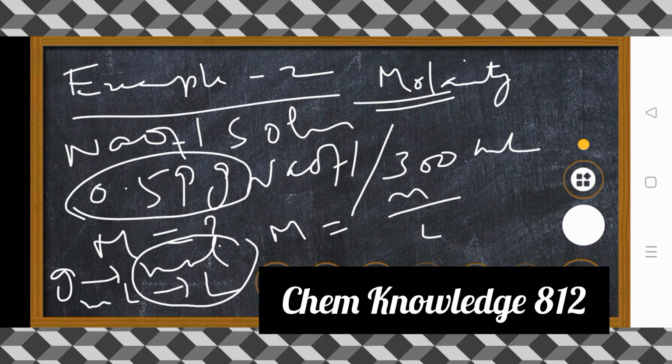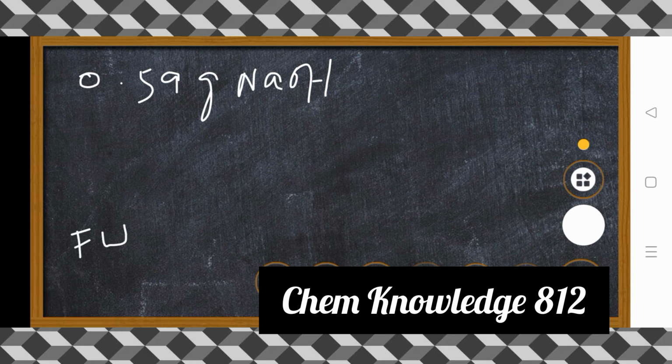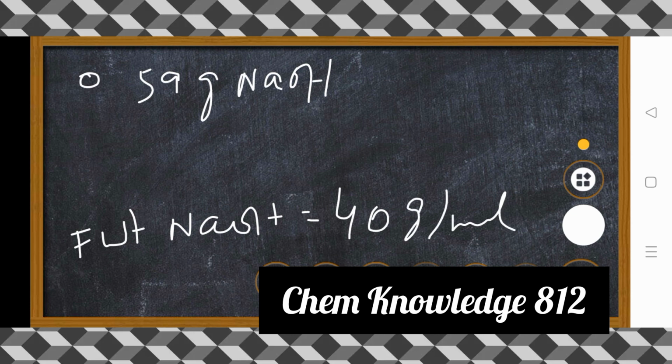So here it is 0.59 gram of NaOH. We know that the molar weight of NaOH is equal to 40 gram per mole. So we have 40 gram of NaOH per mole of NaOH.